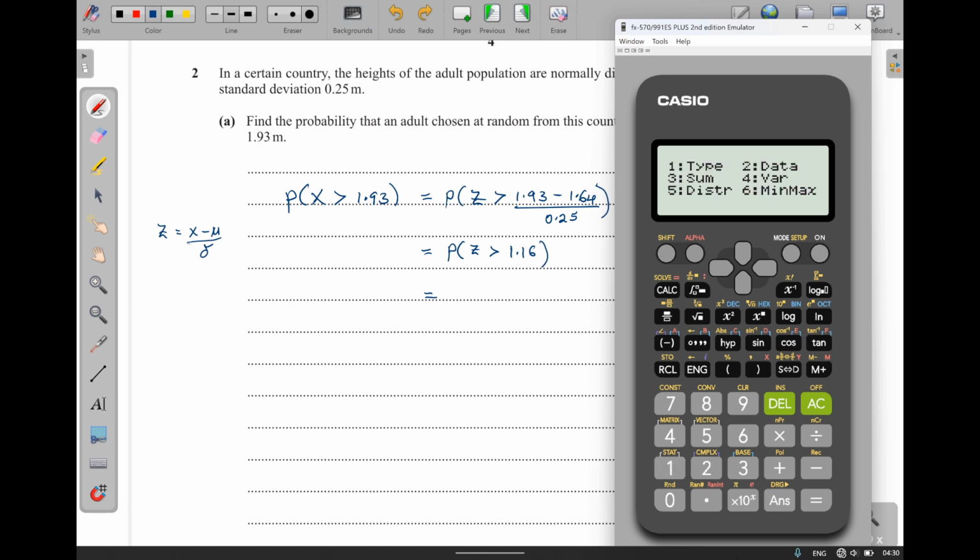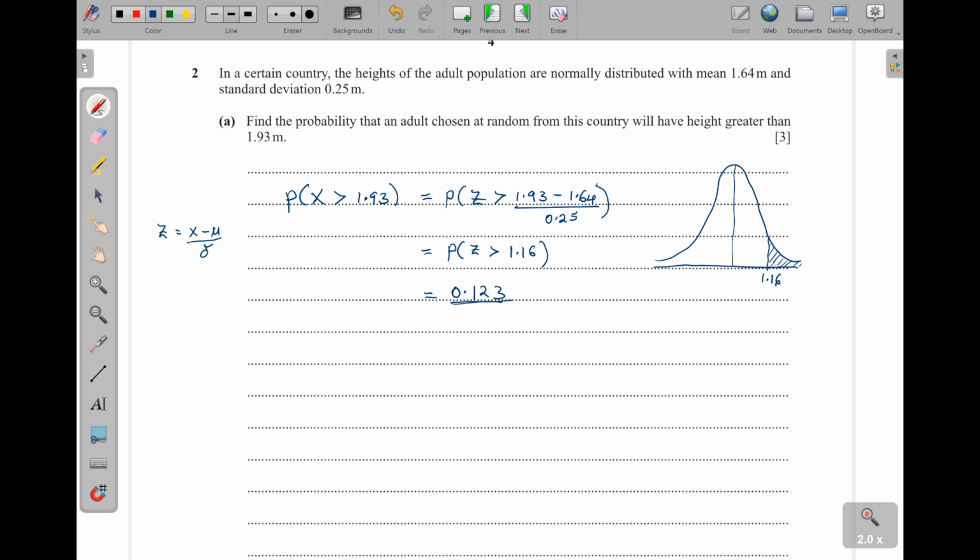Now there is distribution, which is on option 5, so you press 5, and then from there P, like I've already said, is for less than, but now here we are dealing with greater than, so I'll press 3 for R, which is the greater than. Then I will just put 1.16. I press equals, so that is the answer. To 3 significant figures, I will write it as 0.123.